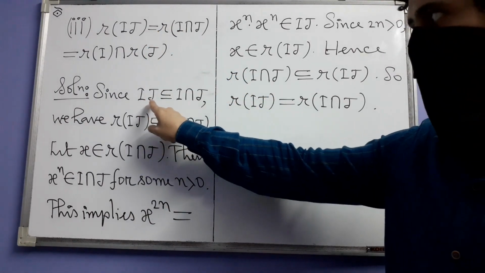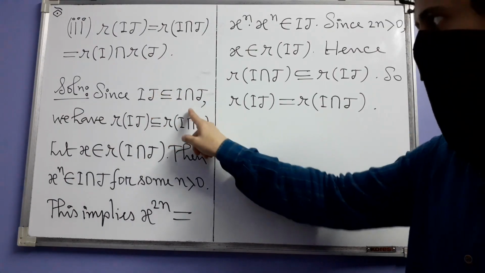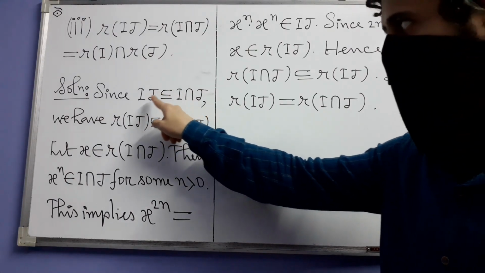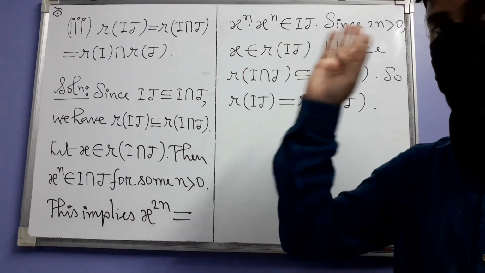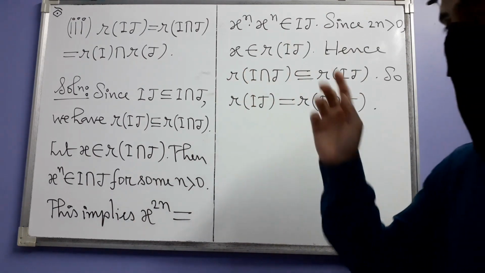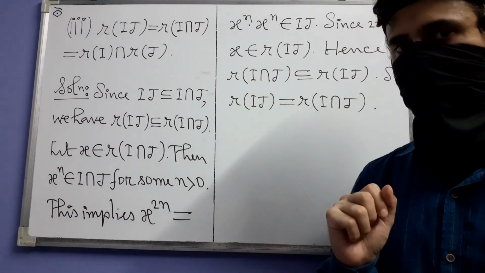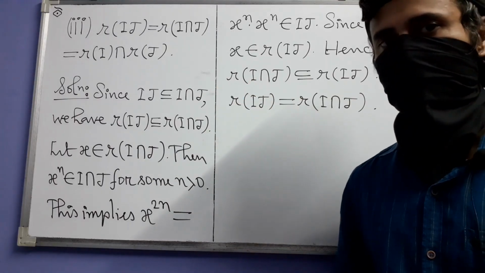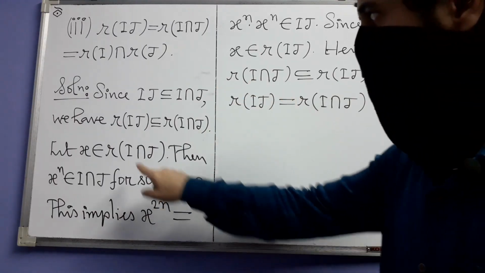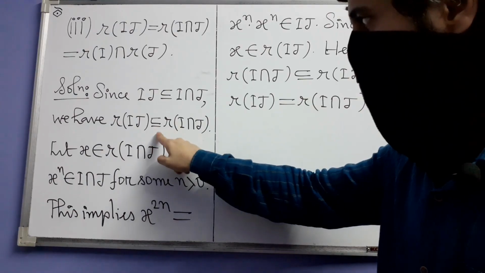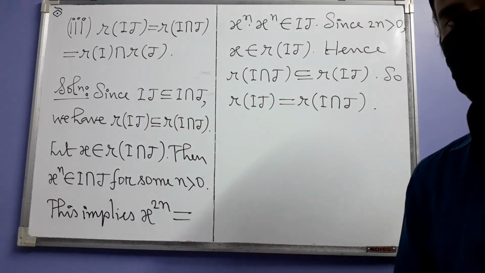We already know that the intersection of two ideals contains their product. You see, when we introduced operations of ideals, there itself we saw this fact, and that is why the radical of ij is contained in the radical of I intersection j.